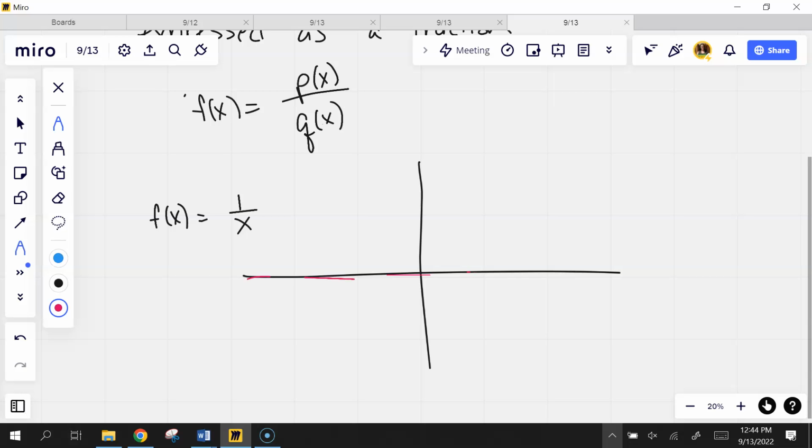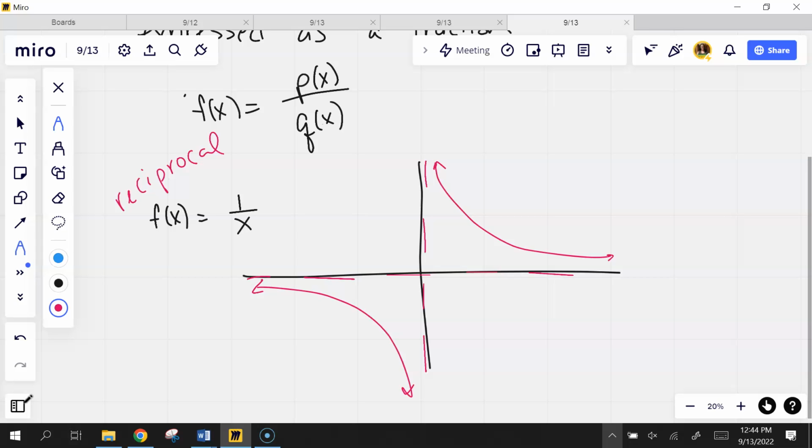It's got the vertical and the horizontal asymptotes. That's the most basic rational function that we know, but that is a rational function because it can be expressed as a fraction, 1/x.